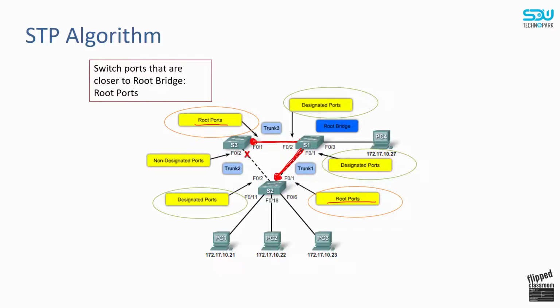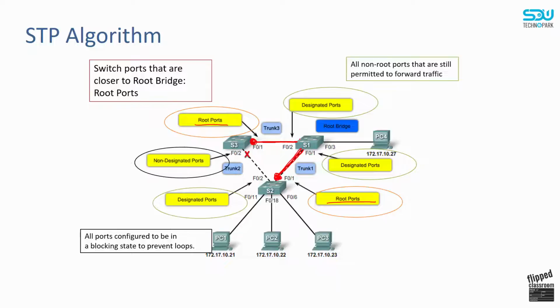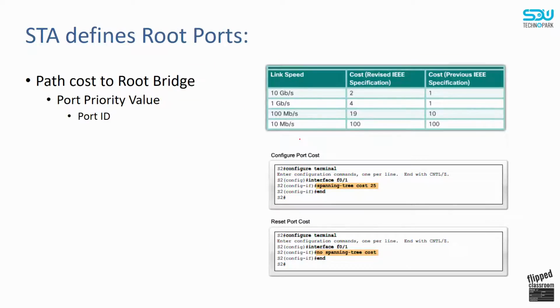But how is the best path calculated? We'll take a look at this slide. We have the path cost to the root bridge, and here is the table defining the speeds of interconnectivity between switches and the cost, the revised cost, and this was the previous cost. You can forget about the previous cost values and focus only on these values.